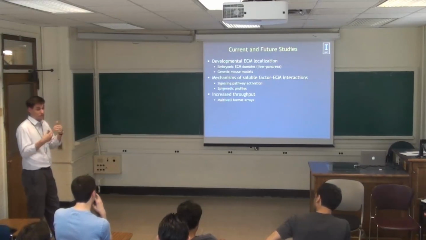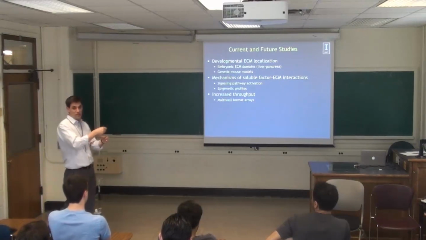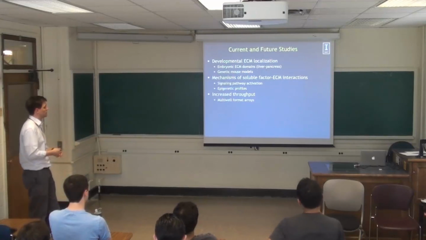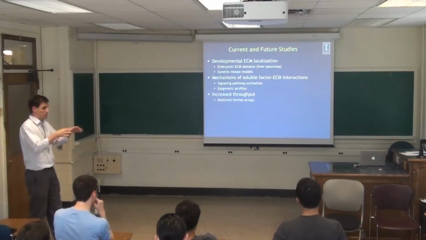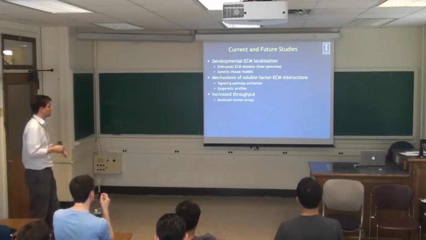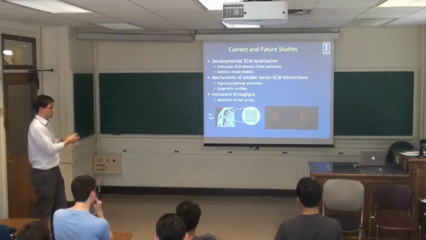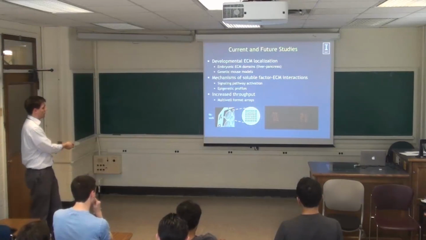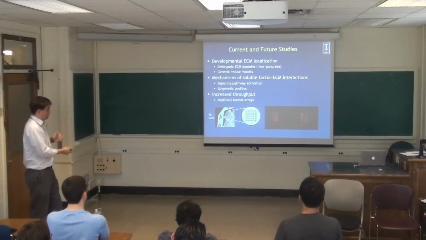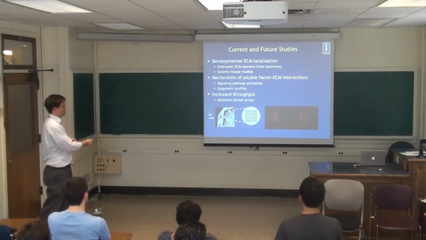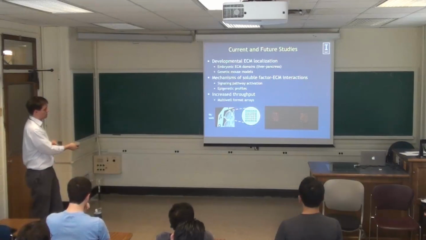We're also interested in further increasing our throughput. So right now we had a single slide where you had lots of different combinations printed on a surface. But if you wanted to do more combinatorial experiments with media components or soluble factors, one thing we explored is printing these domains into a multi-well plate format, like a 96-well plate. We've done that some, where we can print 36 different spots into a single well of a 96-well plate.